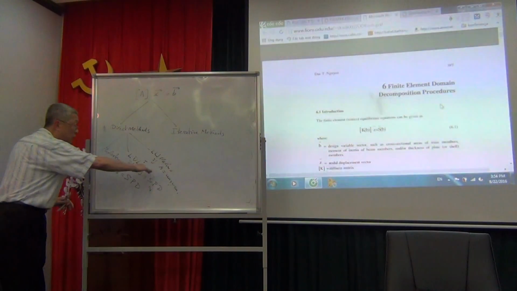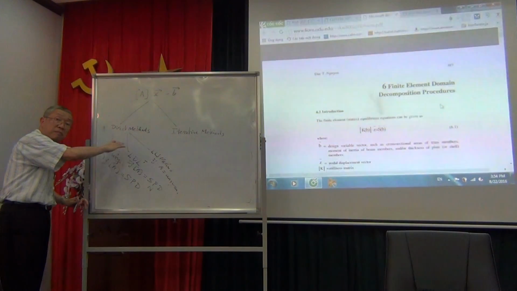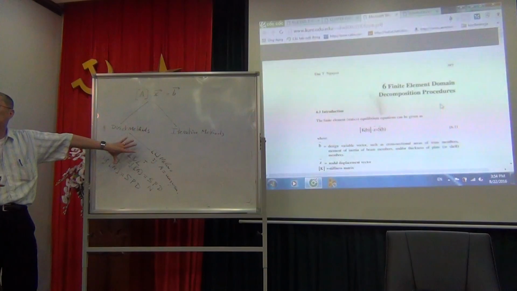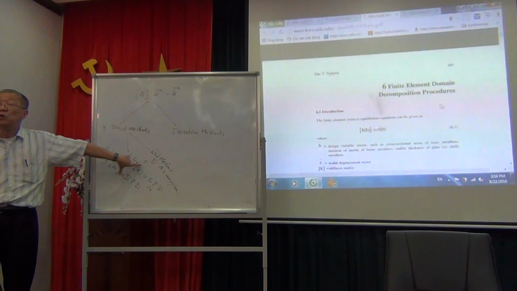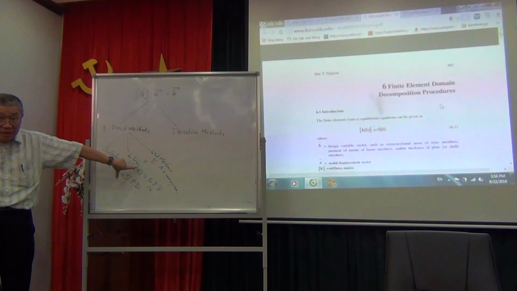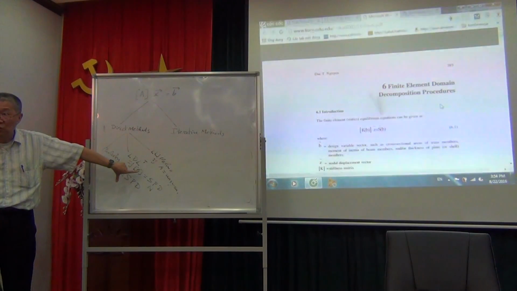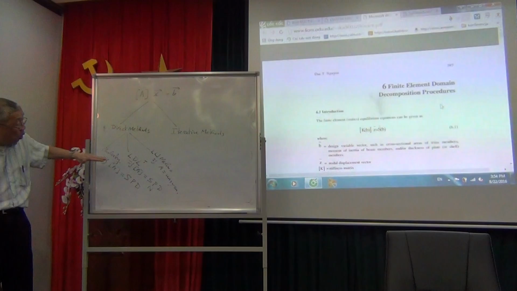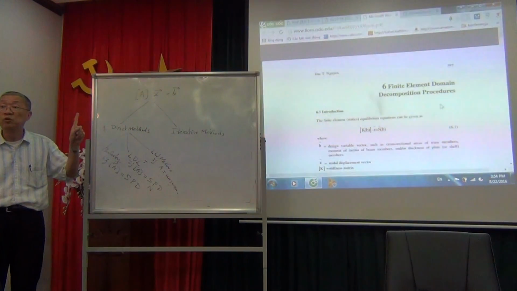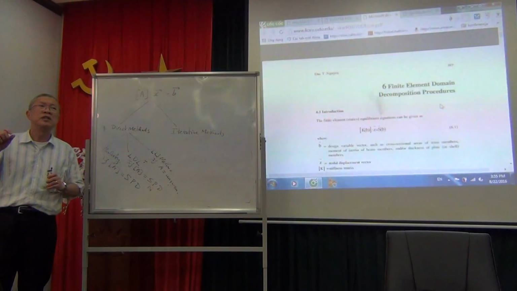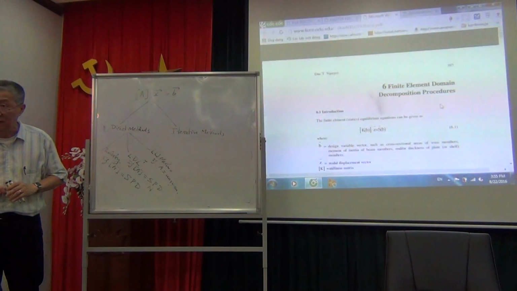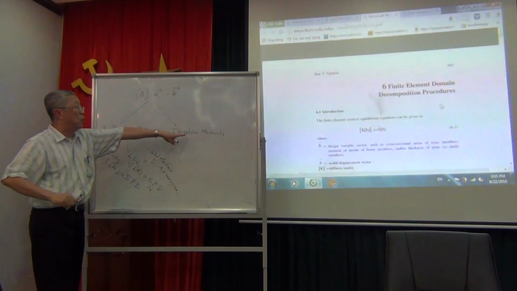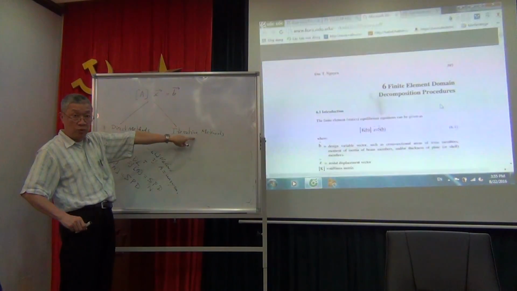All of these three methods belong to the so-called direct method. And the main thing in here is what? You have to do factorization. Remember, step 1, forward solution. Step 2, backward solution. Step 3, remember? All of those three methods require factorization, which is very expensive. Now today, we're going to talk about this group, today's lecture.